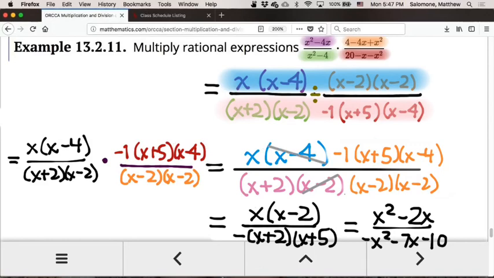What common factors exist in the numerator and denominator now? I don't see any. And so the end game for this division problem would be that at this point we actually can't do any more simplifying.